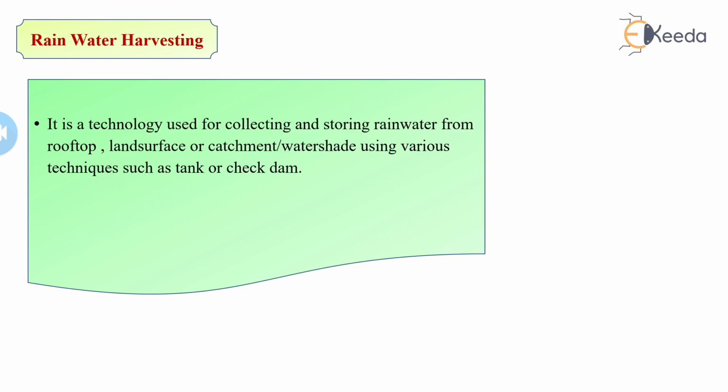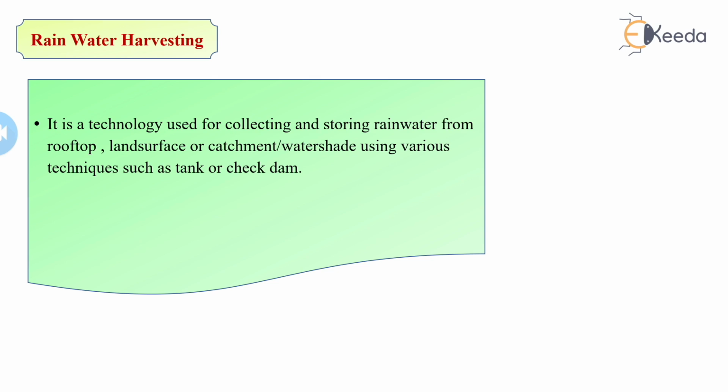If you remember, we had discussed the percolation tank also. In the rainy season, we excavate this artificial reservoir for storing the rainwater, and through the porous medium, this water percolates under the ground and the groundwater level will increase.